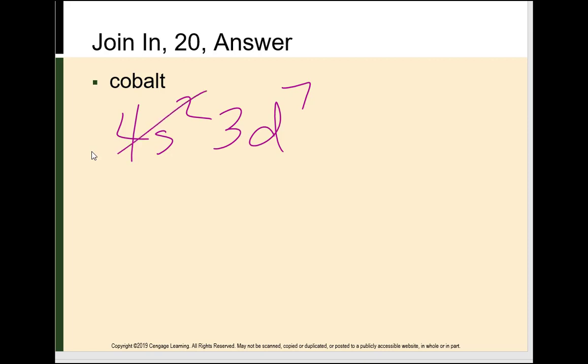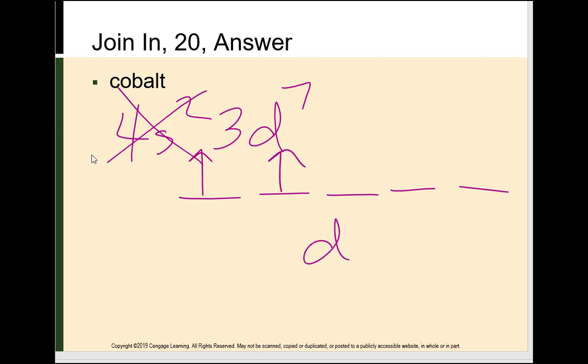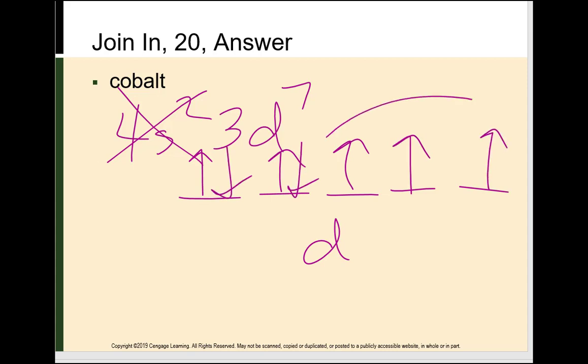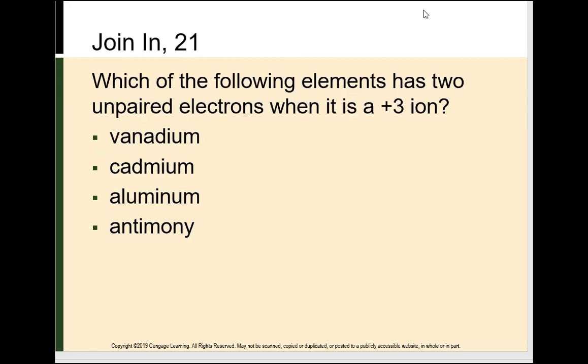We wanted it to become a 2+ ion, so we're obviously taking out the 4s2. That leaves us with 3d7. And if I looked at my d, I had 1, 2, 3, 4, 5, 6, 7. I have 3 unpaired electrons, paramagnetic.